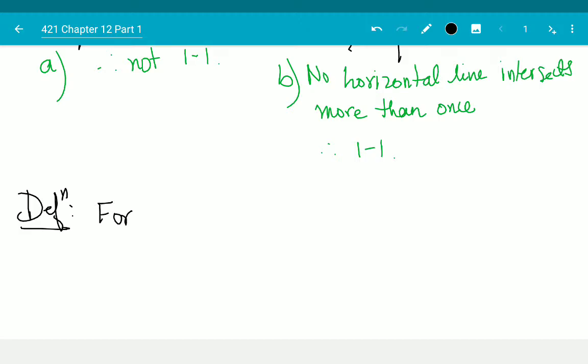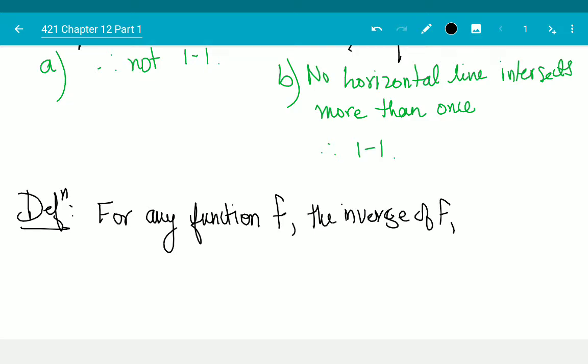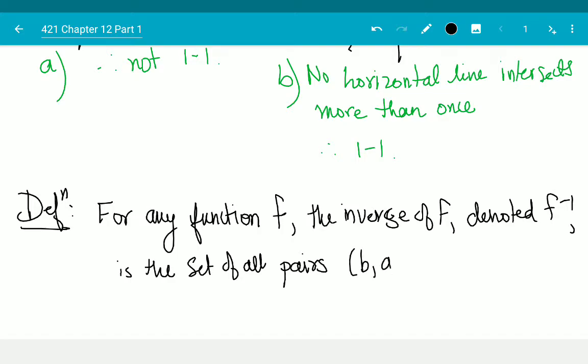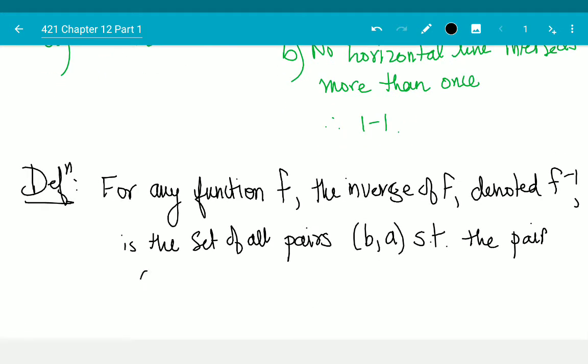Definition: for any function f, the inverse of f, denoted f inverse, is the set of all pairs (b, a) such that the pair (a, b) is in f.